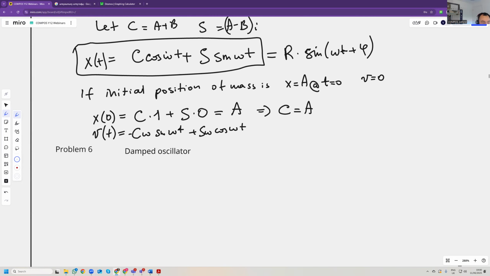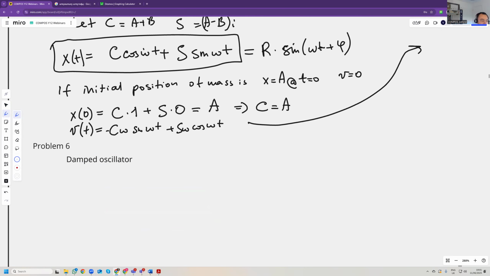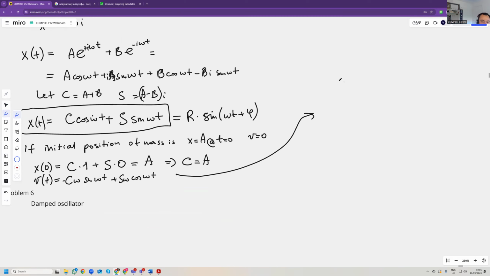When we substitute, v of 0 is equal to 0 plus s multiplied by omega times 1, and that's equal to 0.